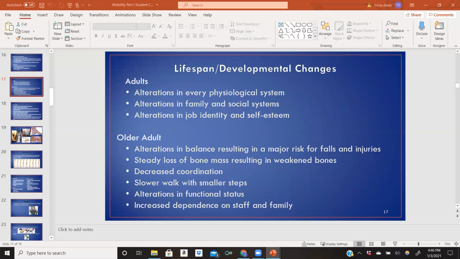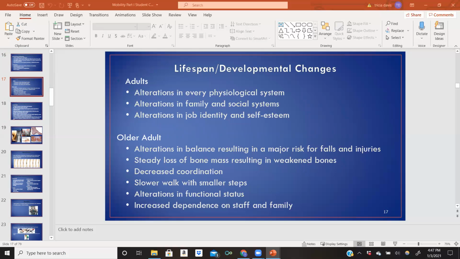So adults, there are lifespan developmental changes in the adults as well. For adults, there's alterations in every physiological system. There's alterations in family and social systems, and then alterations in job identity and their self-esteem. For the older adults, they have alterations in balance, which result in major risk factors for falling and having injuries.